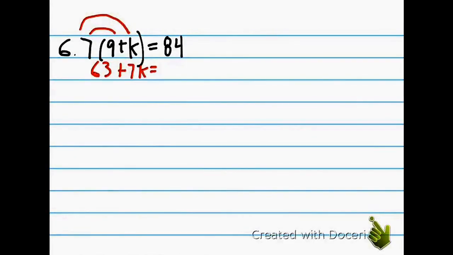So the first thing we have to do is distribute. So draw your arrows. 9 times 7 is 63. Then 7 times k is 7k. So the first thing that happened to our variable is that it's being multiplied by 7.